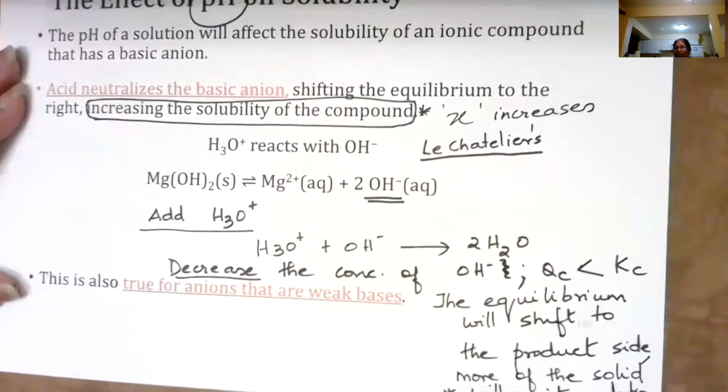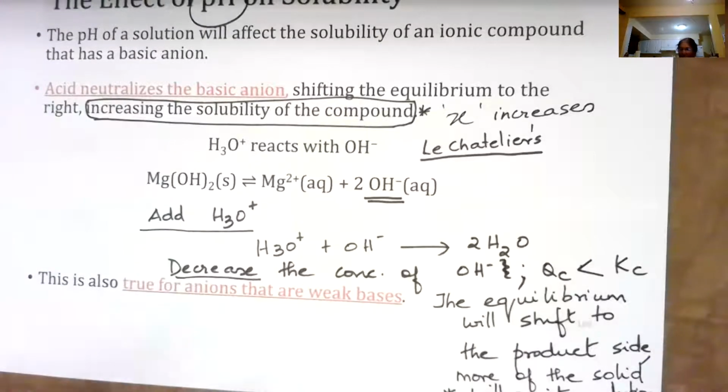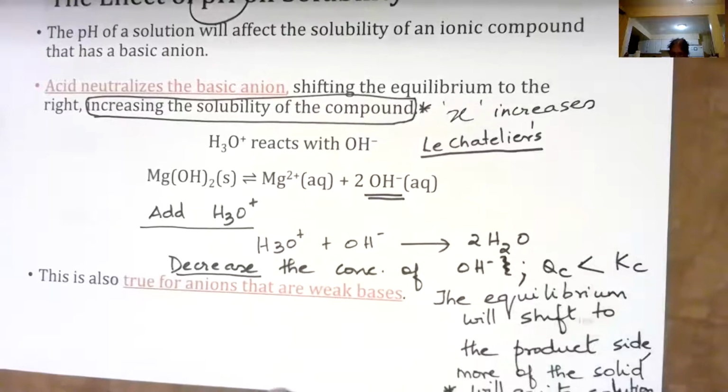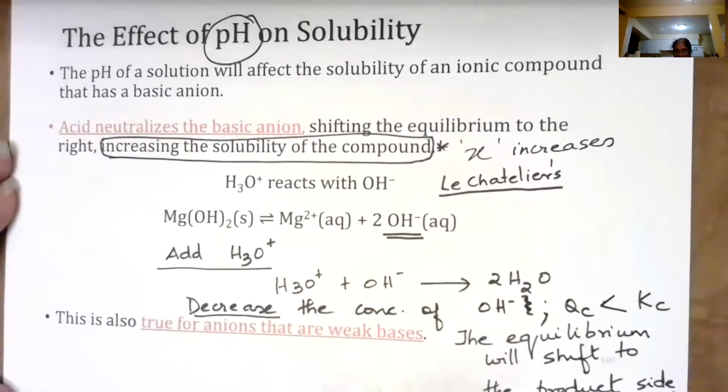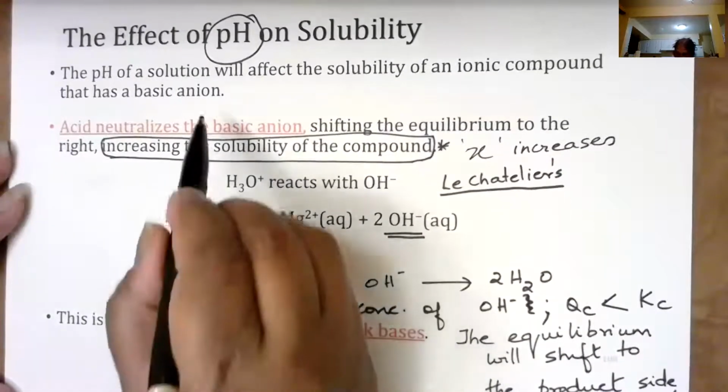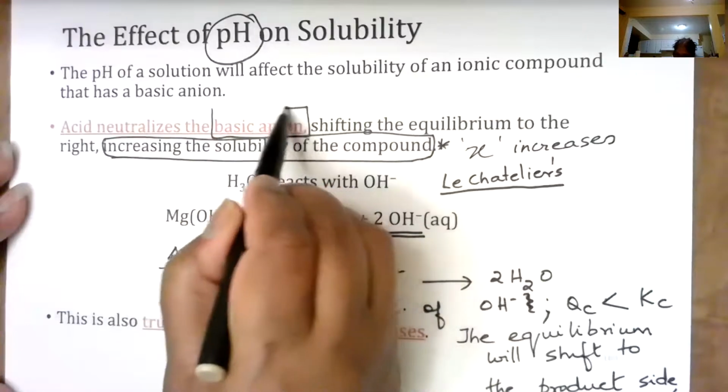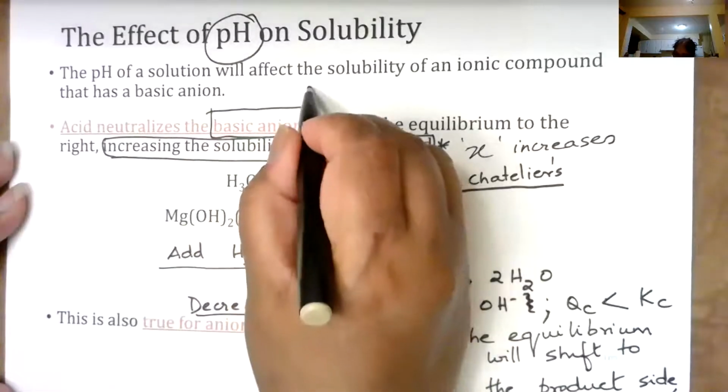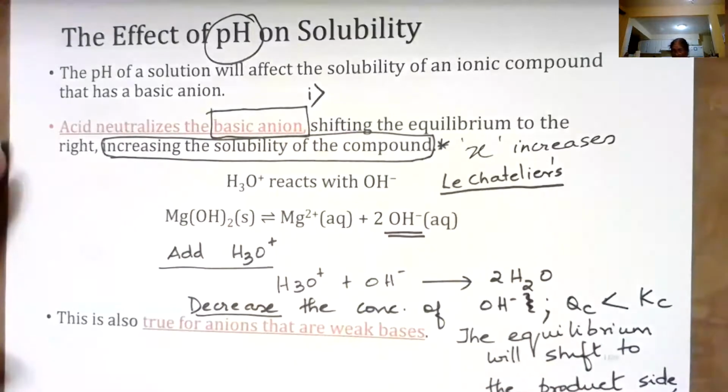Okay, so if more of the solid goes into solution, that means your value of X is increasing. So you have a case where a basic anion is produced in solution.